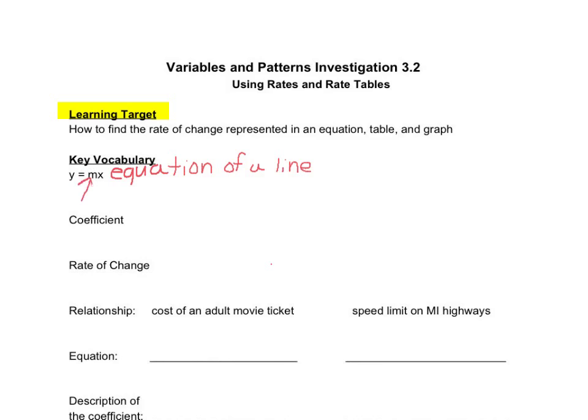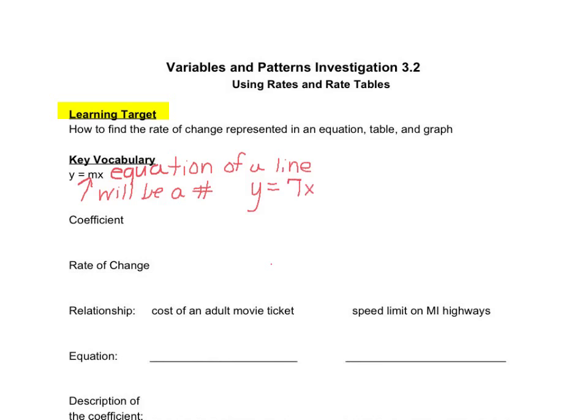Here, the m will be a number. So you might want to make a note of that. So let me give you an example. An example that follows the y equals mx format would be y equals 7x.